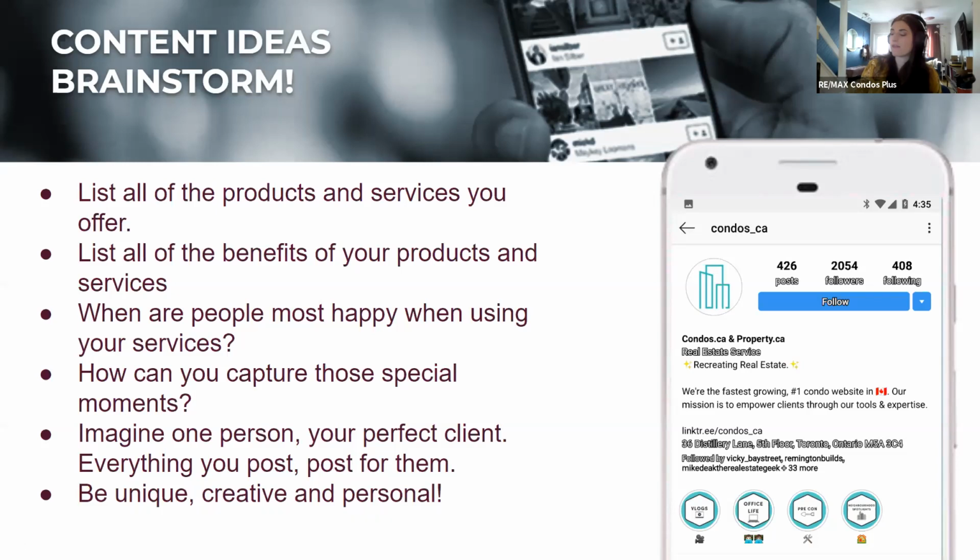List all of the benefits and products and services, just to get an idea of what it is you're actually doing. We're going to start by breaking it down from the very beginning. You also want to think of when people are most happy when using your services, and how you would be able to capture those special moments. This is a way to get brainstorming in terms of what content you'll be posting.